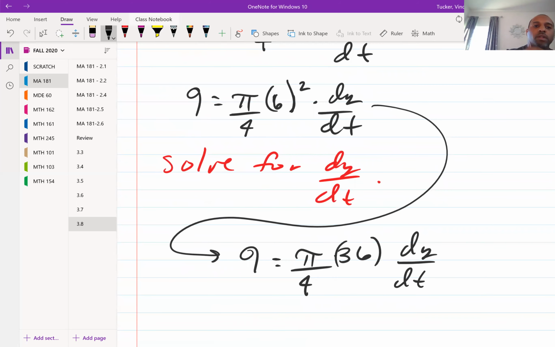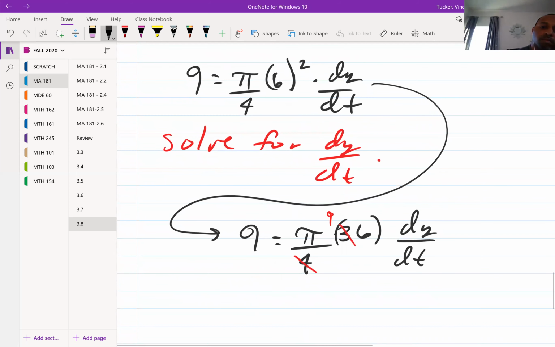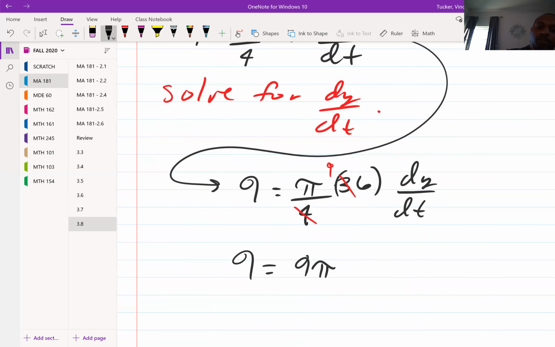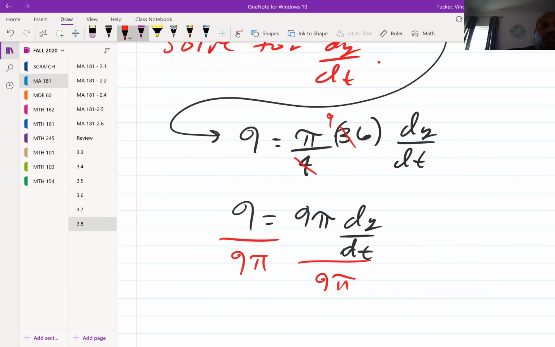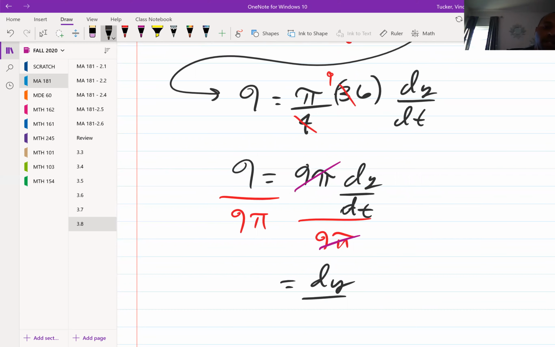All right, and 4 goes into 36, leaves you with 9. So that's pi, let's write 9 pi. All right, divide by 9 pi. 9 pi cancels on the right, leaving me with dy/dt.